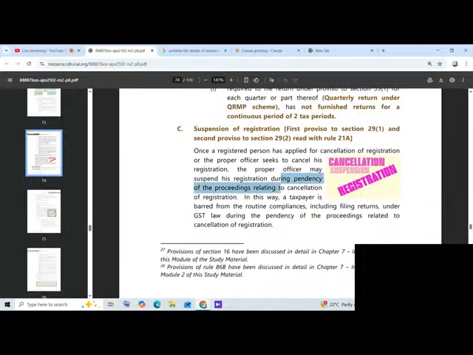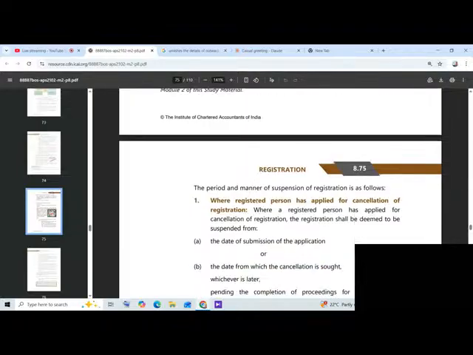During the pendency of the proceedings related to cancellation, a proper officer may suspend the registration. During this time, the taxpayer is barred from routine compliances, including filing returns, and also cannot make taxable supplies or issue tax invoices.